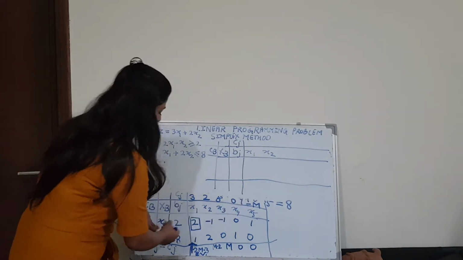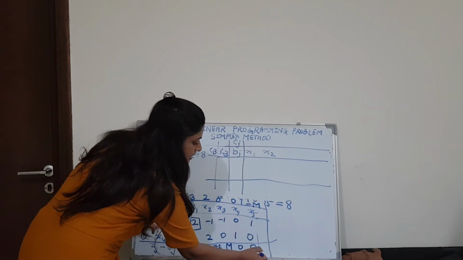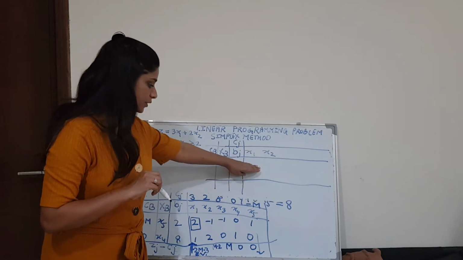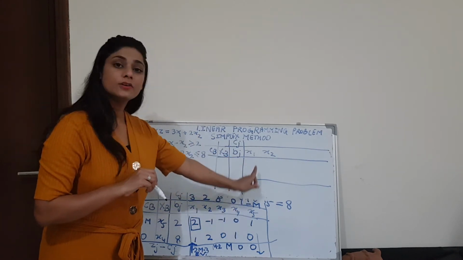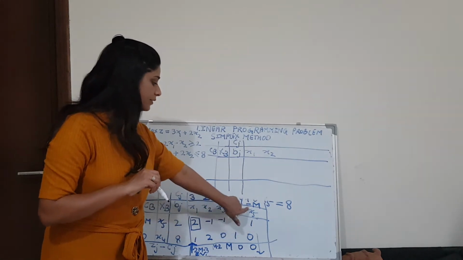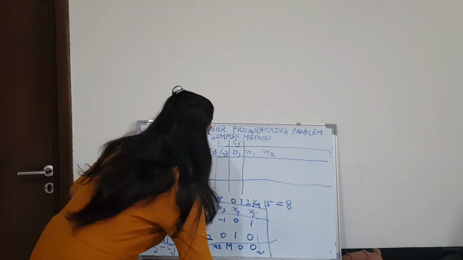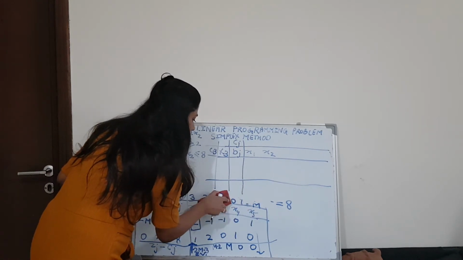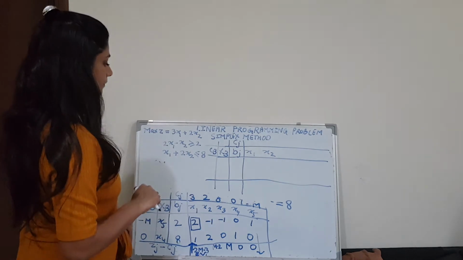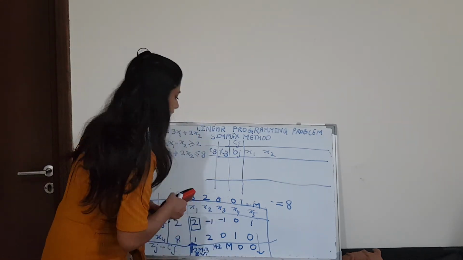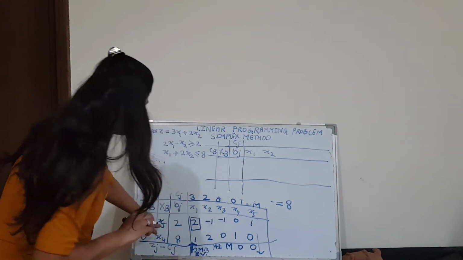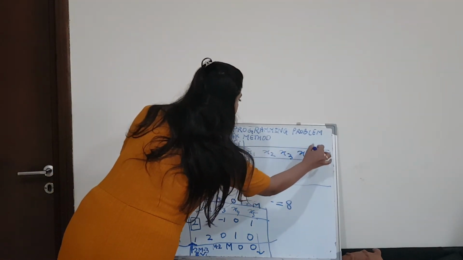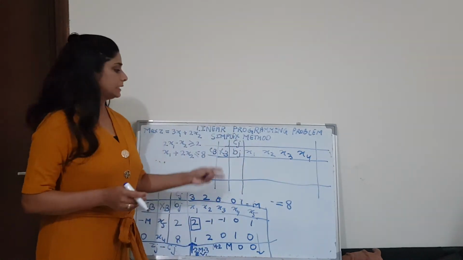So this is X5, this is the outgoing vector. In the next simplex table we will delete this column because this is the outgoing vector and we have an artificial variable in this column. That's why we are removing this column. So x1, x2, x3, x4, we have only 4 variables in this new table.